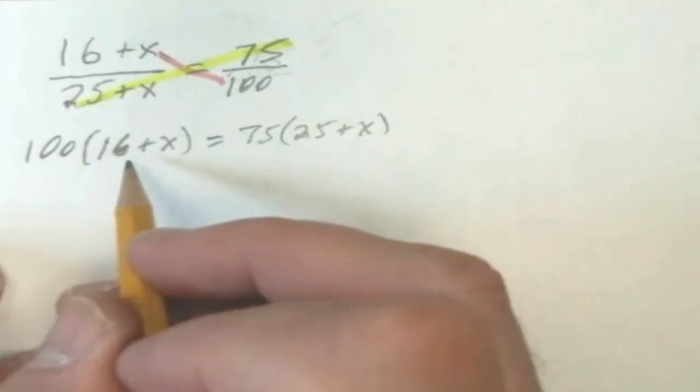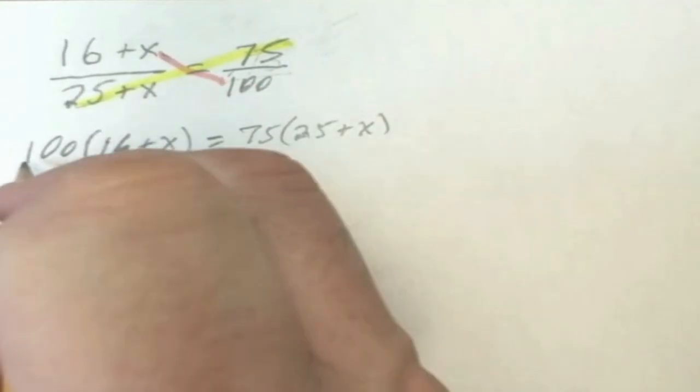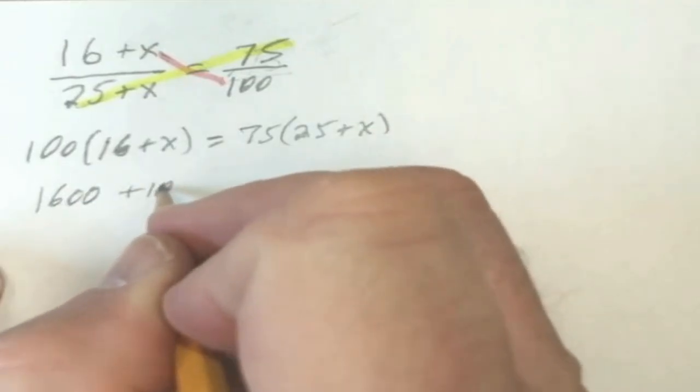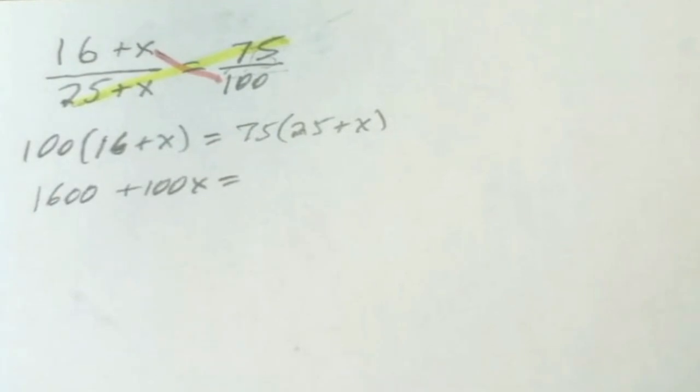Probably going to need a calculator. Not the first one. 16 times 100, we can do that. And then 100x. Remember, you have to distribute when you have the parentheses.